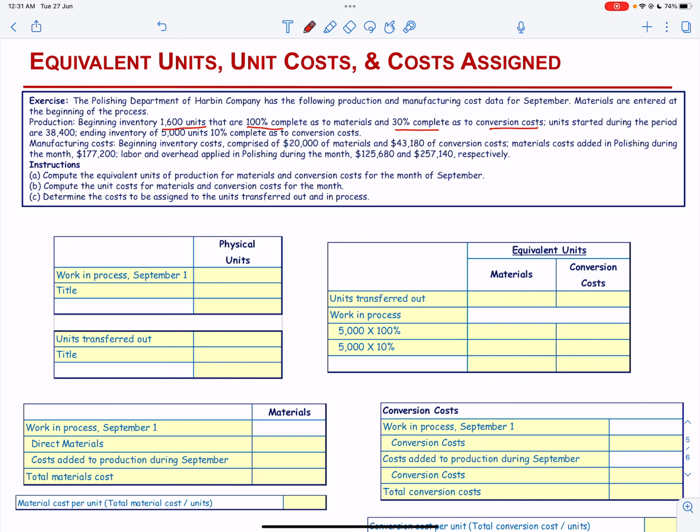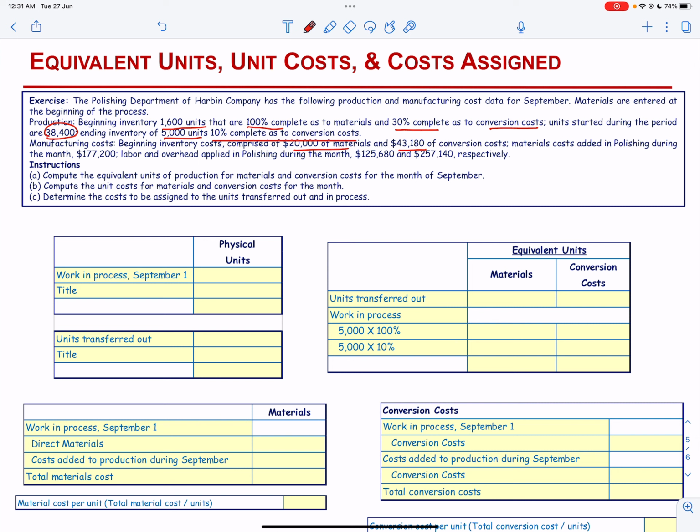Units started during the period are 38,400. Ending inventory is 5,000 units, 10% complete as to conversion cost. Manufacturing cost, the beginning inventory cost comprised of 20,000 of material, 43,180 of conversion cost.